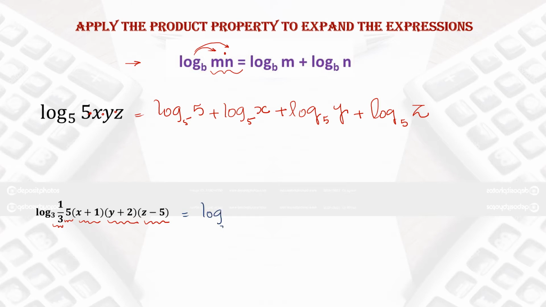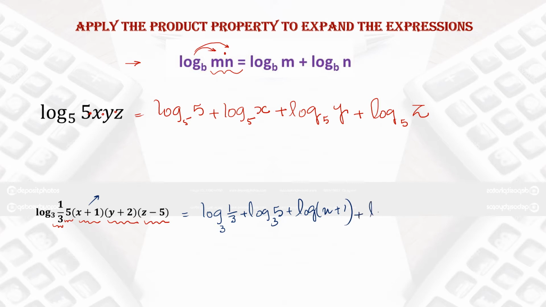Log base 3 of 1 over 3 plus log base 3 of 5 plus log base 3 of x plus 1. Now x plus 1 is the whole one expression, so don't try to eliminate them or use the property in the backward manner. Here x plus 1 is one expression.